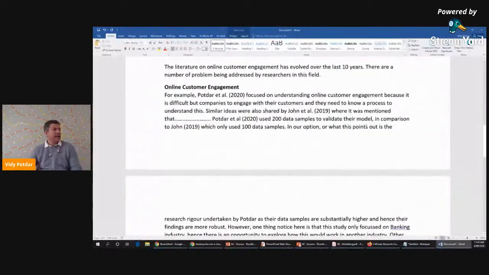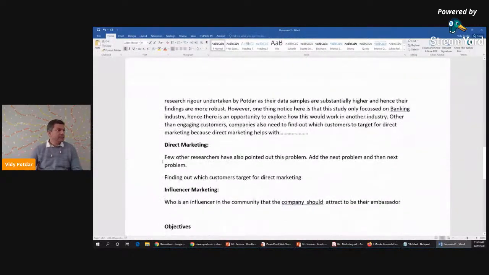And eventually you will realize that these headings become the core headings of your research write-up. So as you gain more experience, you will be better at doing this.